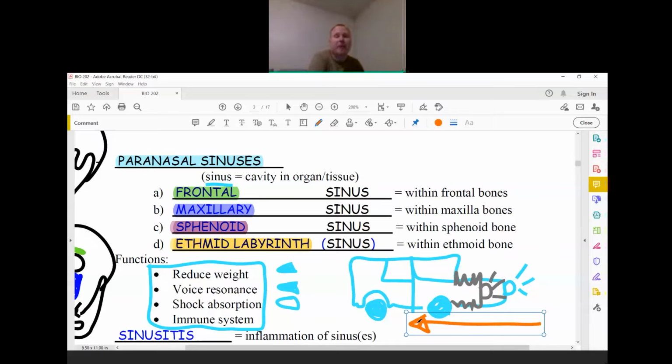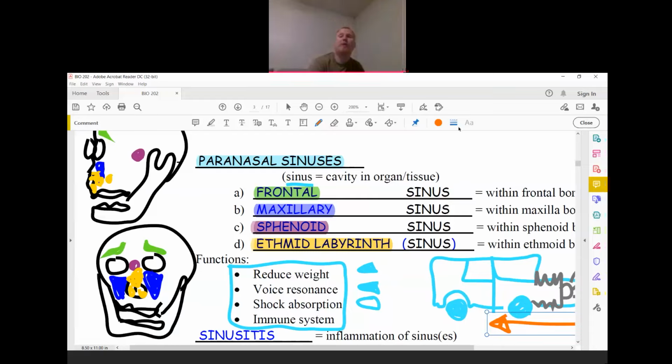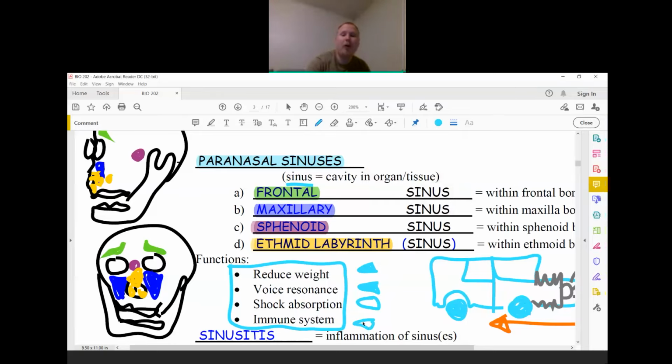The same theory has been proposed for having these gaps, these sinuses within the skull: if one was to fall face first or run into an impact face first, they would absorb some of the force the individual would be exposed to otherwise. And the final explanation, which does make sense, is the immune system role that these sinuses have.